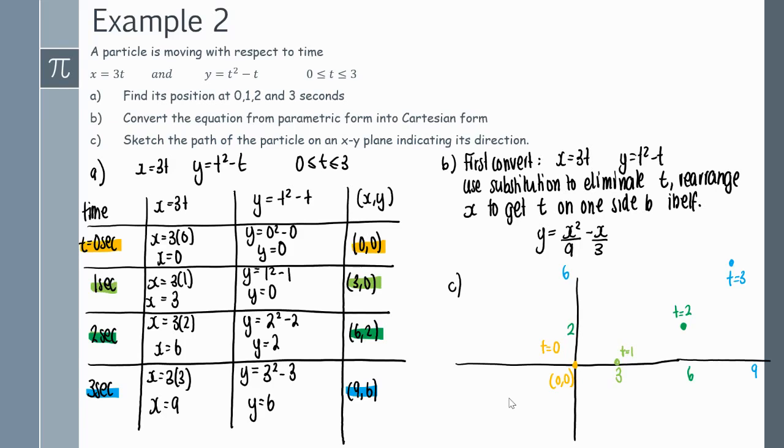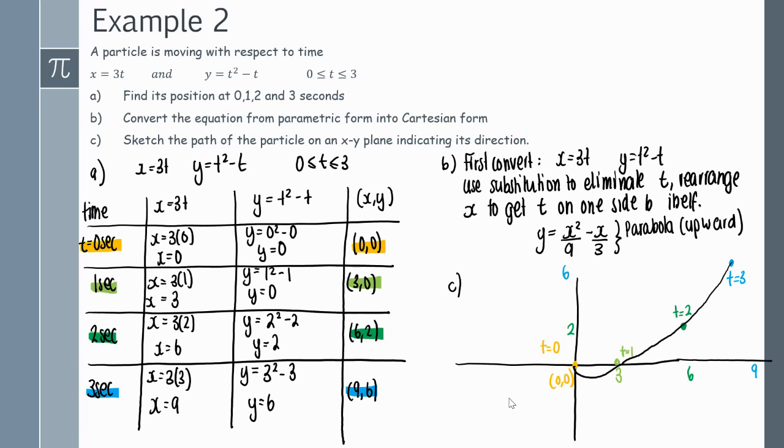Okay, now you could try and join these together, but you're missing information if you don't look at your Cartesian equation. So the Cartesian equation is actually a parabola. So your graph will look like this. It's actually curved.